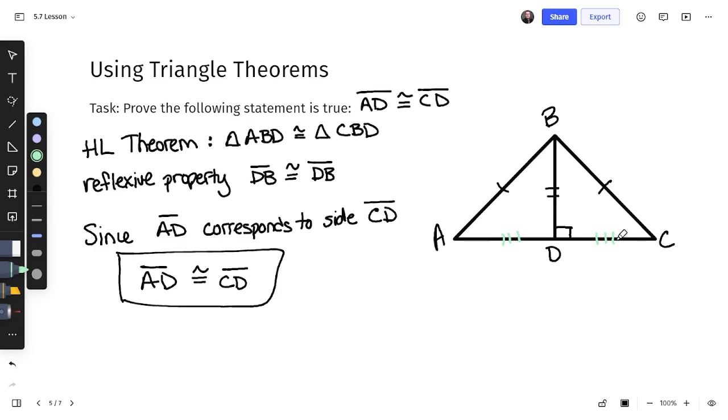Of course, now we could also use the side-side-side congruence criterion to prove that the two smaller triangles are congruent.